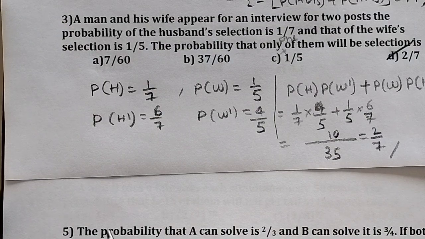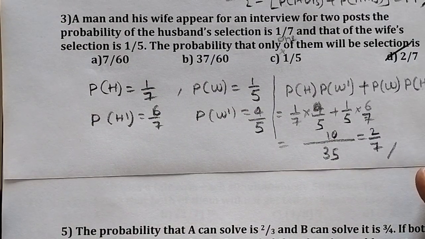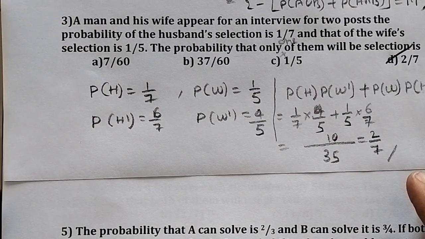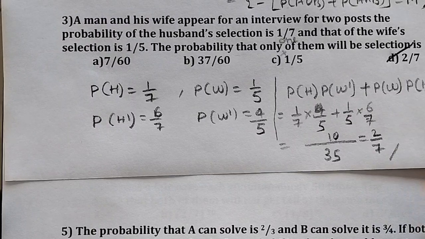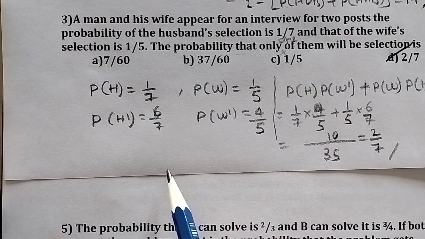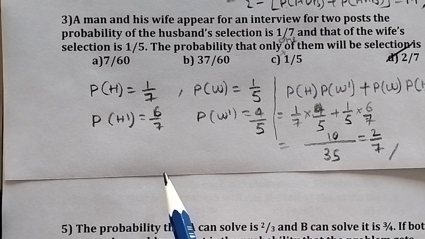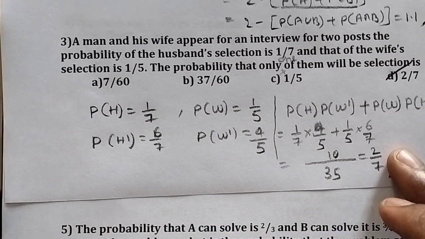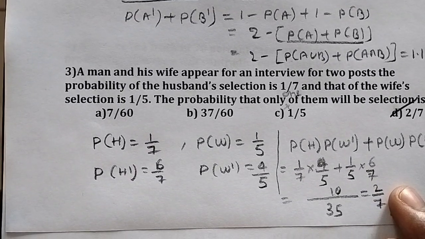Listen, all of you. They may ask the same question in a different way, like at least one of those two gets the job. To find that value, at least one of those two getting the job means total probability minus none of those two getting the job. That means either the husband gets the job or the wife gets the job.